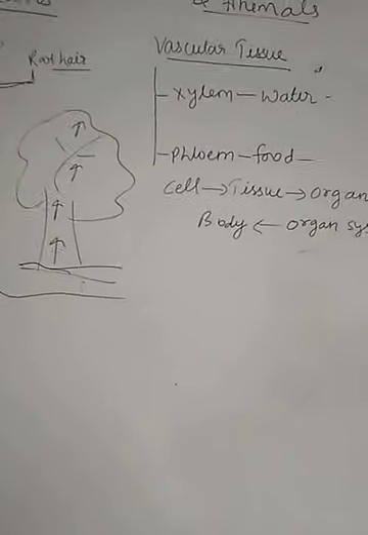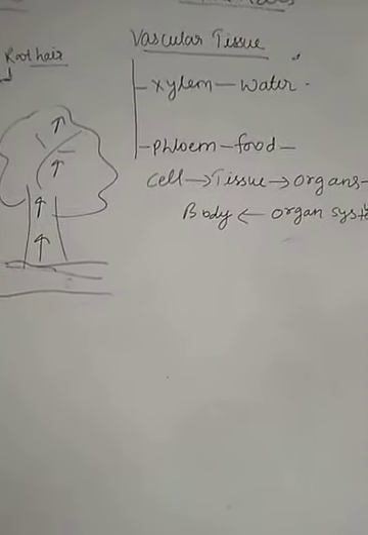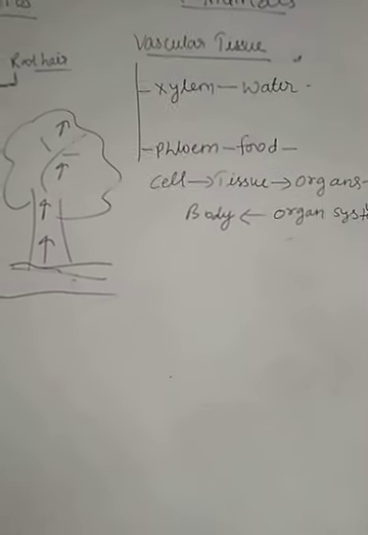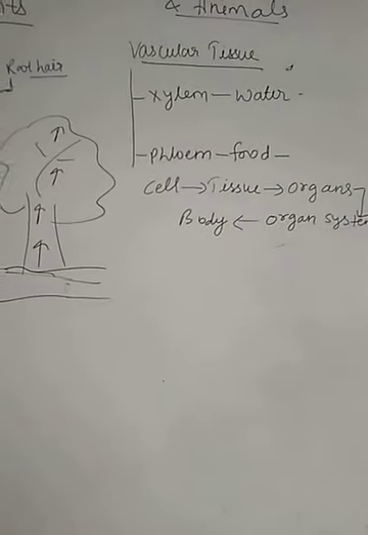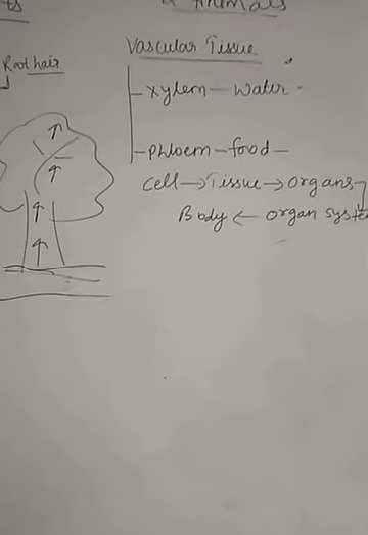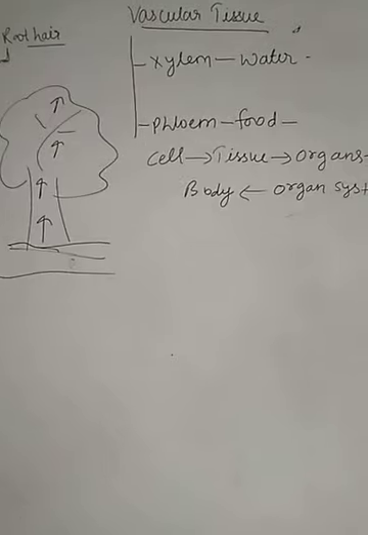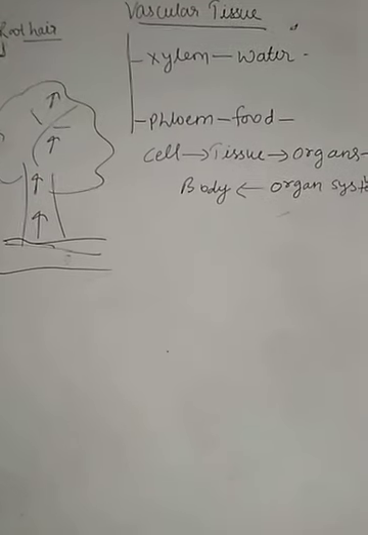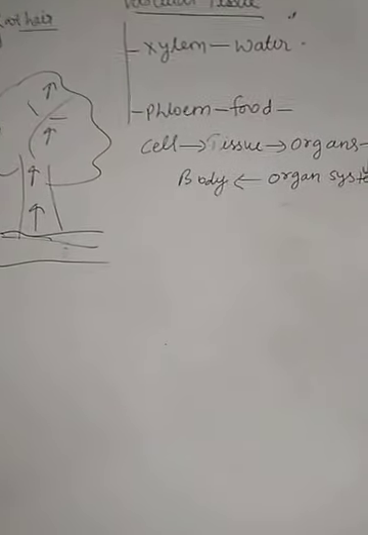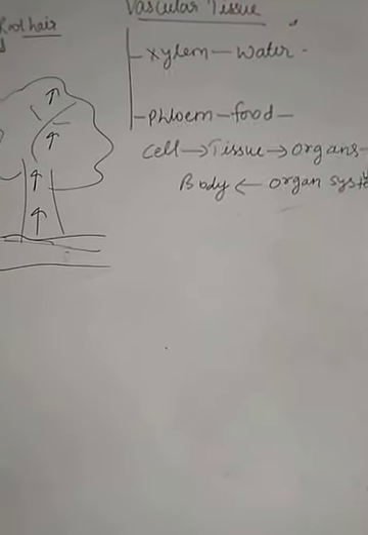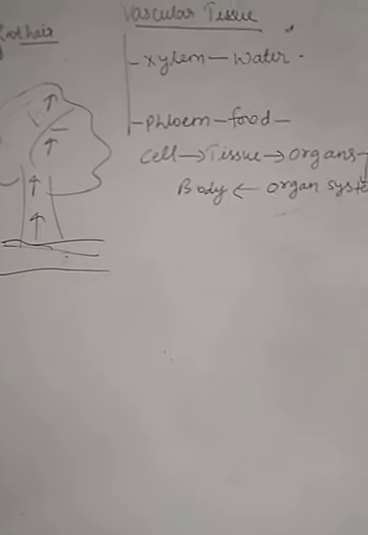So there are two special types of vascular tissue present in the plant which help in the transportation of materials, which are xylem and phloem. Simply you can remember this: phloem, phal, means it transports the food, and xylem, jal, means it transports the water and other nutrients.